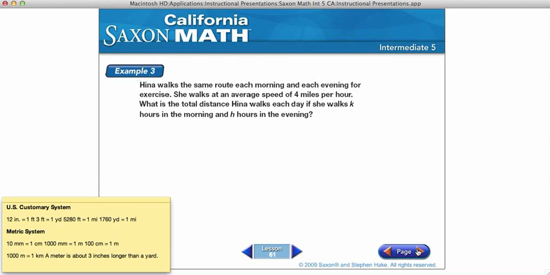Hina walks the same route each morning and each evening for exercise. She walks at an average speed of 4 miles per hour. What is the total distance Hina walks each day if she walks K hours in the morning and H hours in the evening? Okay, so that's a lot. She's walking at 4 miles an hour.